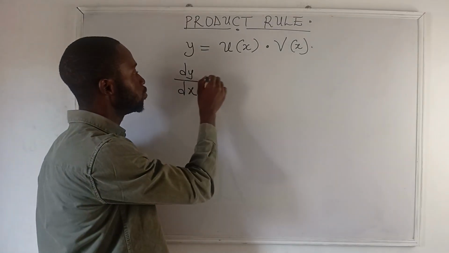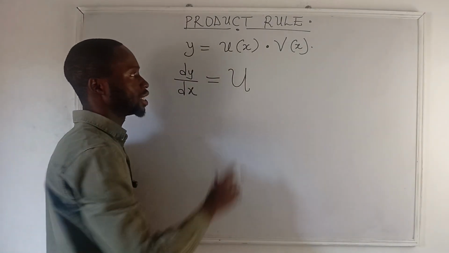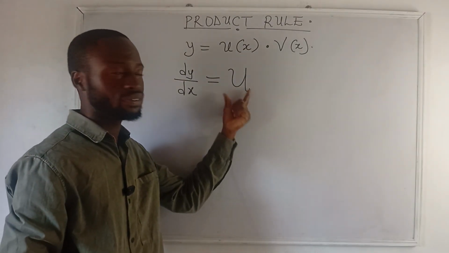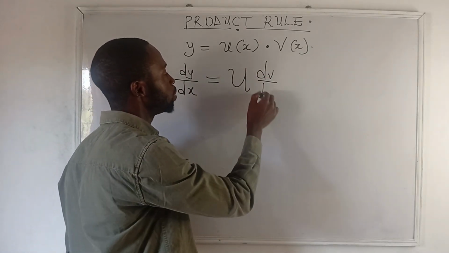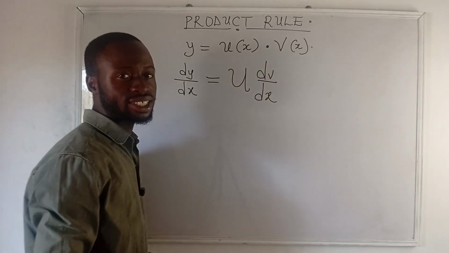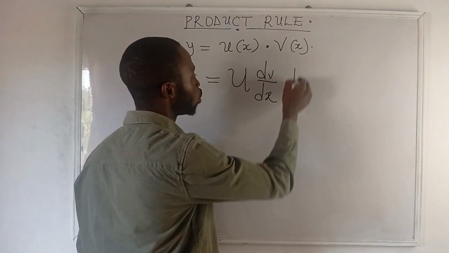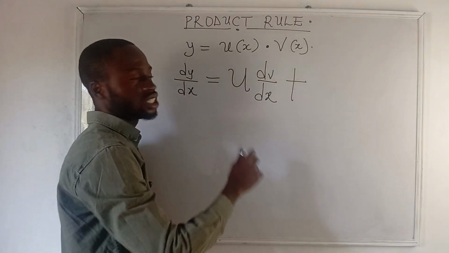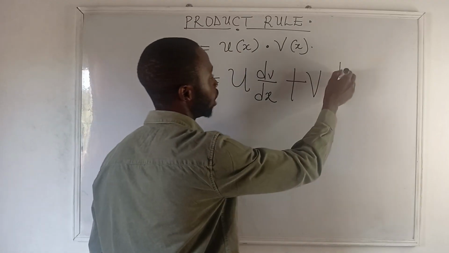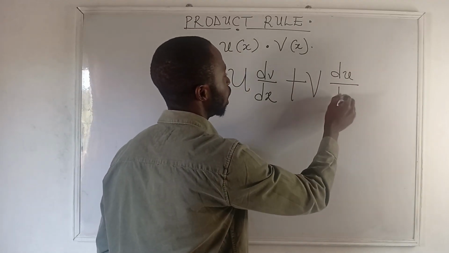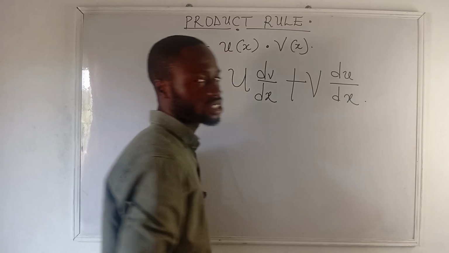So the formula is given by u, that is the function u is what we are writing first, multiplied by the derivative of v with respect to x, then we have plus v, that is function v multiplied by the derivative of what? u. We have du over dx.